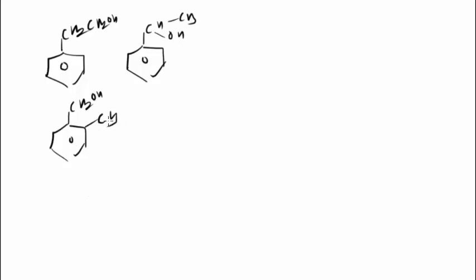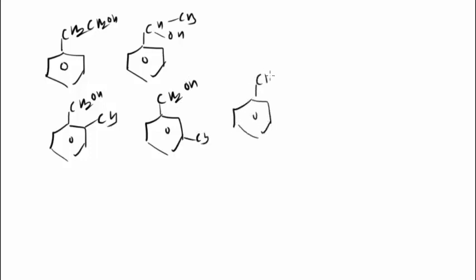No more possibilities, because if you connect OH here, you'll get the same compound. From the second skeleton I can write this, and from the third skeleton I can write this. So how many alcohols do we get? 5 alcohols.